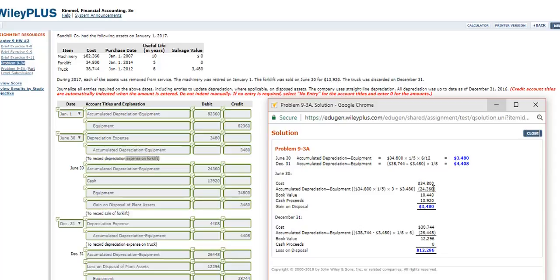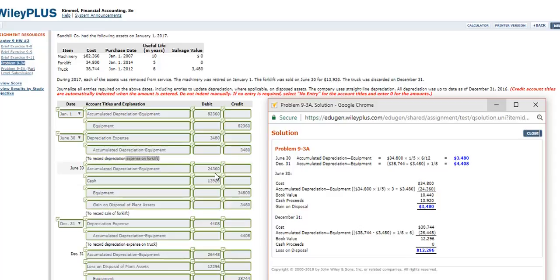Okay, the last part of this section is the gain on disposal of plant assets. For that, we will sum the debit accounts, which means we will sum the accumulated depreciation equipment and the cash, these two.